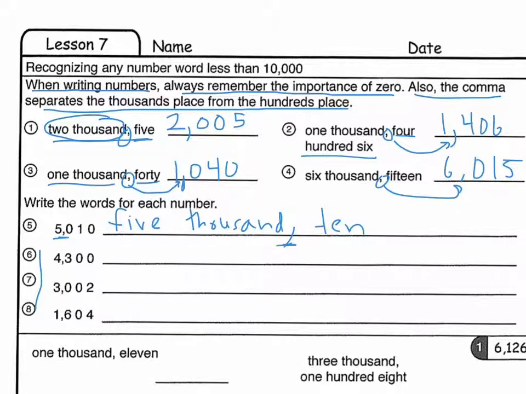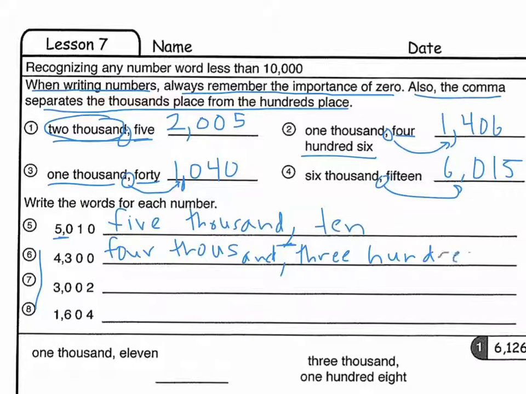So number 6 has 2 different possible correct answers. You can write 4, and hopefully you're writing neater than I am. I'm trying to write with a stylus on an iPad. It's pretty tricky. 4,000, comma, 300.